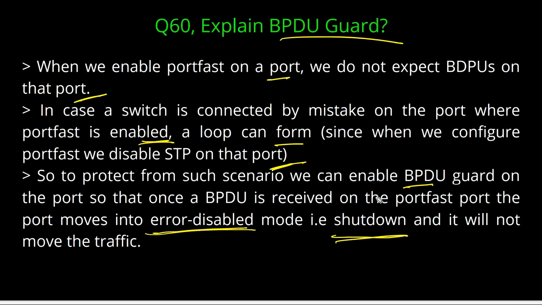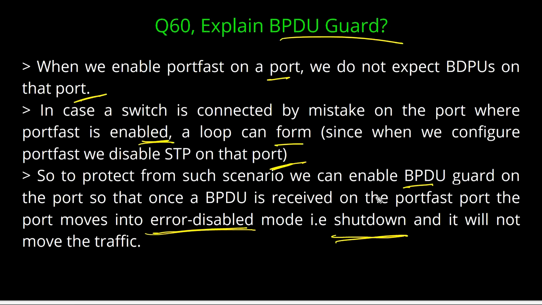Whenever you configure a port as port fast, you need to configure BPDU guard on that port as well, so that if someone attaches a switch on the port where you configured port fast, that port will move into error disable mode.